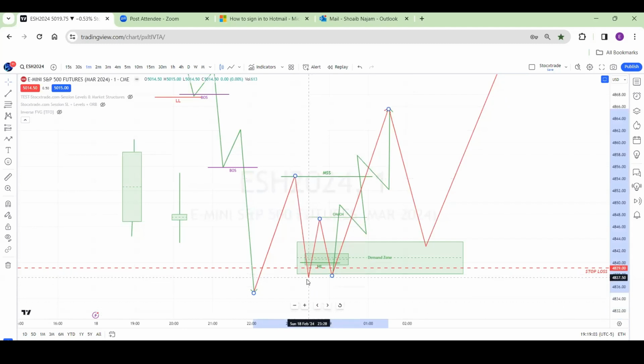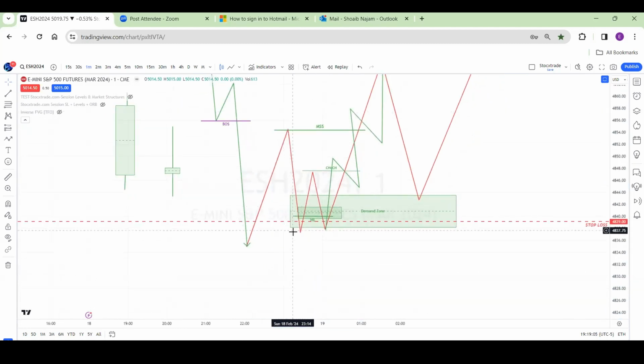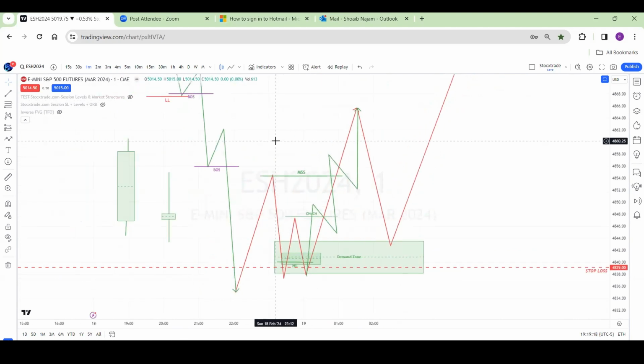But right now, there is no lower high because the market didn't create another low. So this area is basically just the high. Once this high breaks, you can say this is the market structure shift, meaning the market has the potential to go in the opposite direction, from the bearish direction to the bullish direction.